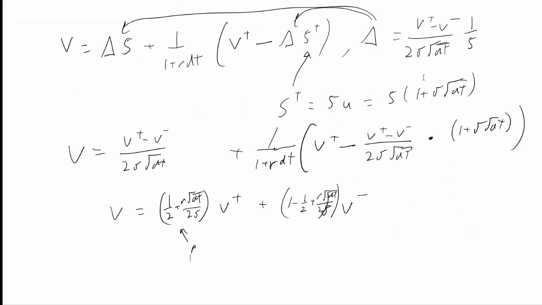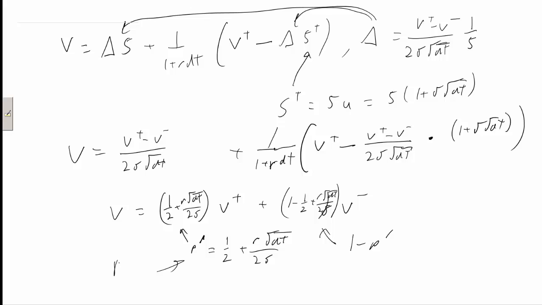But this is our P prime, 1/2 plus R, risk-free rate of return, root dt all over 2 sigma. And then this second bracket ends up being 1 minus P prime. So it looks like a weighted average using probabilities. Oh, these are the risk-neutral probabilities.